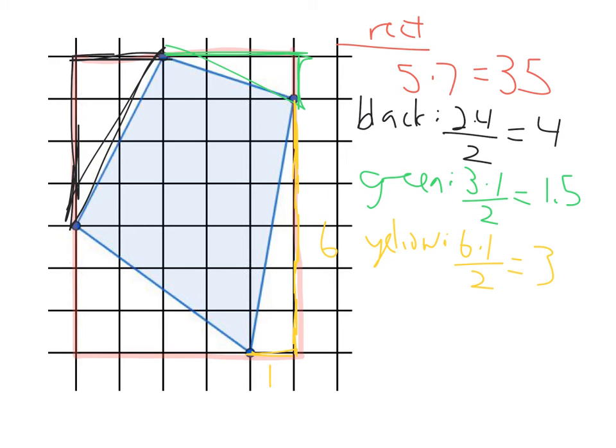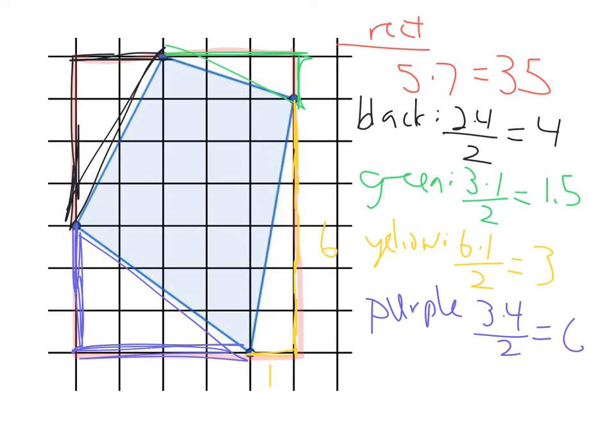And then last and certainly not least is, I don't want to use that color, so let me choose a different color. I'll go with purple. This purple triangle is 3 by 4. So purple is 3 times 4 divided by 2, which is 6.